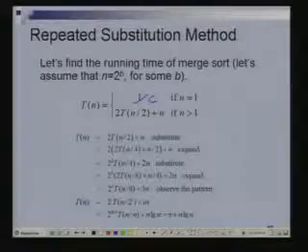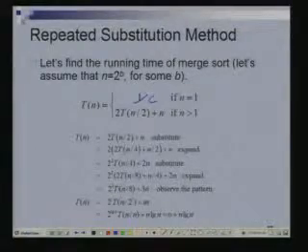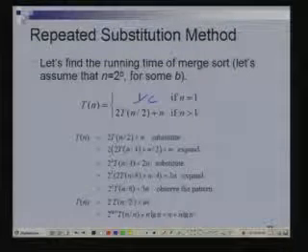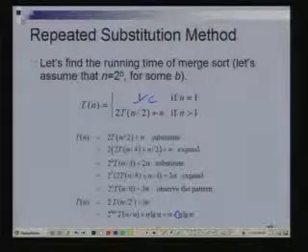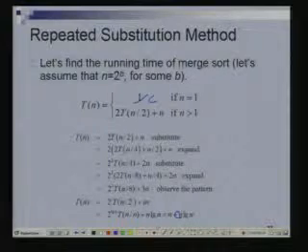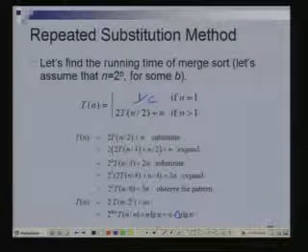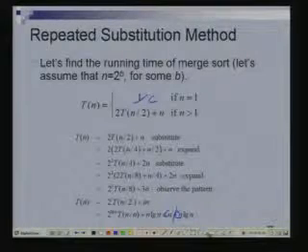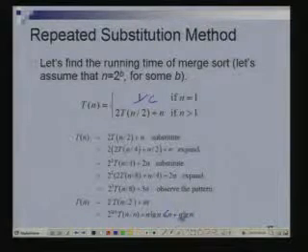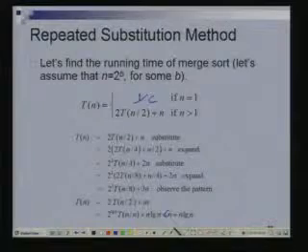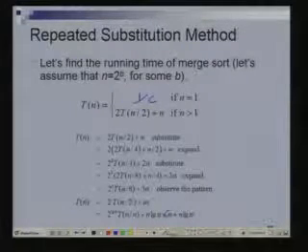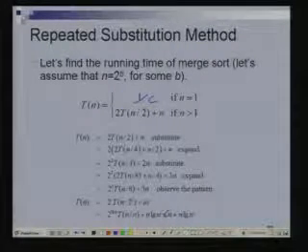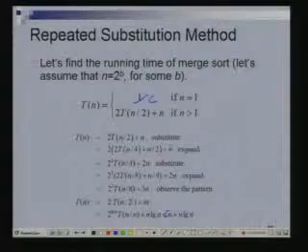Why am I doing this? Okay. So, no, sorry, yeah, that's right, n into c plus n log n. Great. Good.